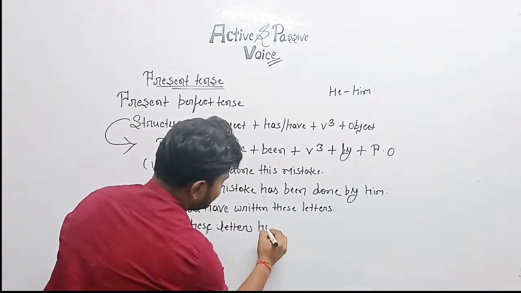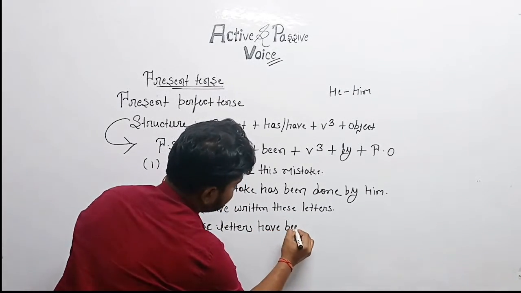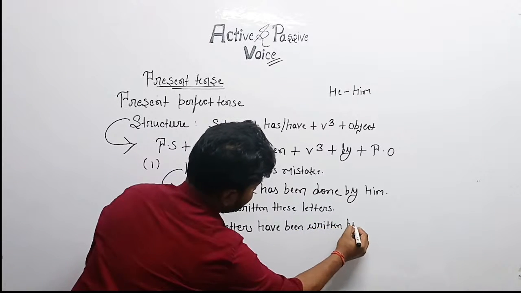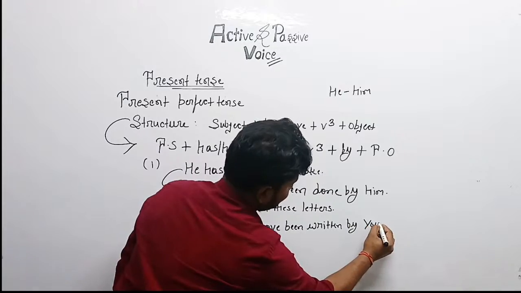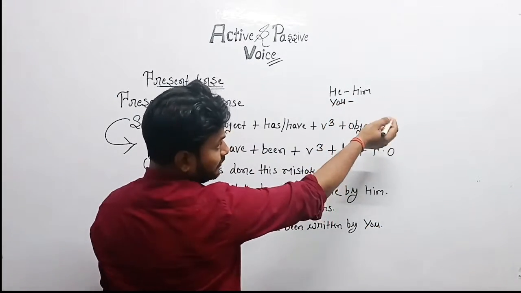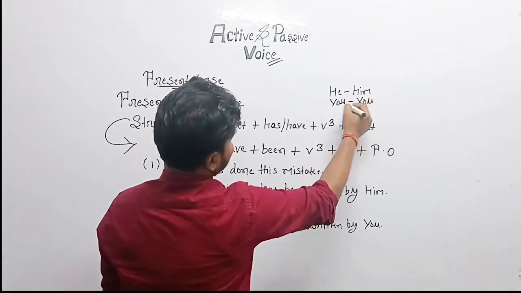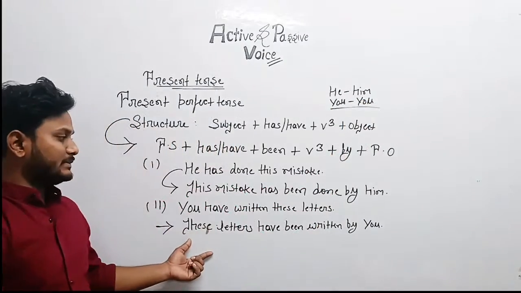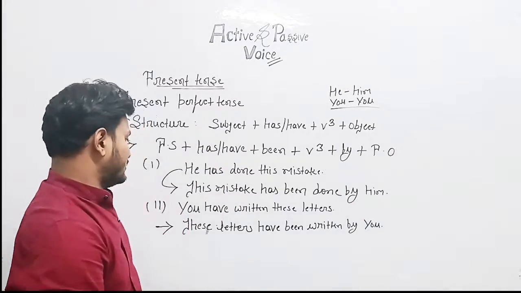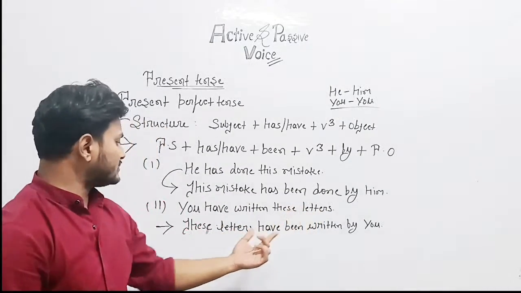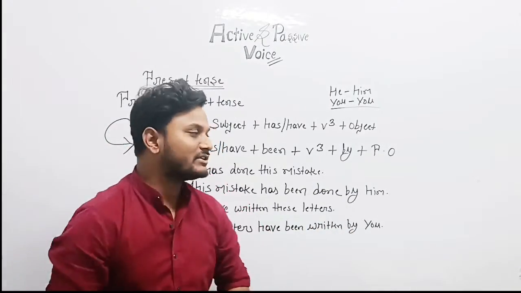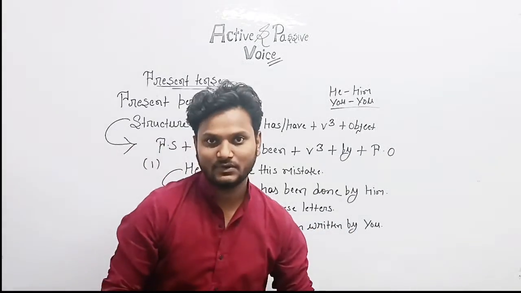These letters have been written by you. Okay, whenever we are going to change "you" into passive voice, it will always be "you" only. So this is the passive structure of the present perfect tense. You have written these letters. These letters have been written by you. So in this way we can convert these sentences into passive voice.